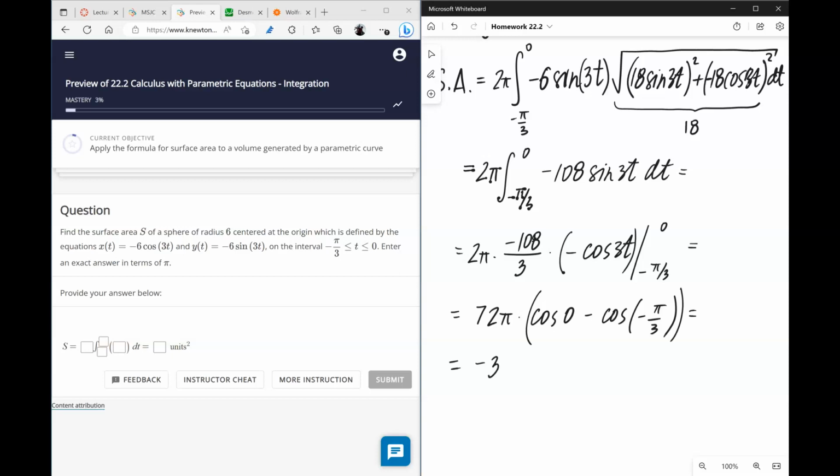So we get negative 36 pi, but I think the negative here just means we chose the wrong direction. So we should have integrated from 0 to negative pi over 3 instead. There is such a thing as positive and negative direction. So I think here it will be fair for us to take the absolute value. I'm not concerned with the sign, but we're going to check all the work here.